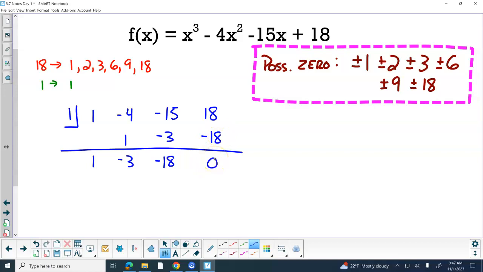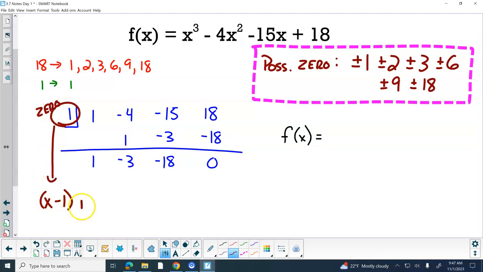So that one is truly a 0. So then I can write my function as if 1 is a 0, then x minus 1 is the factor.